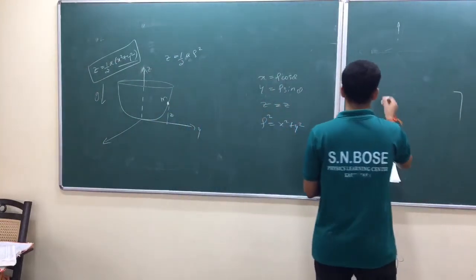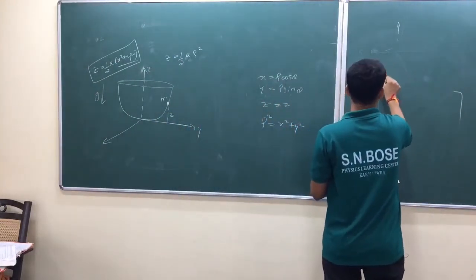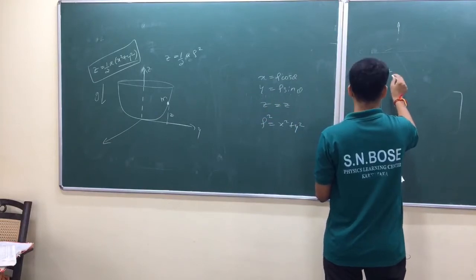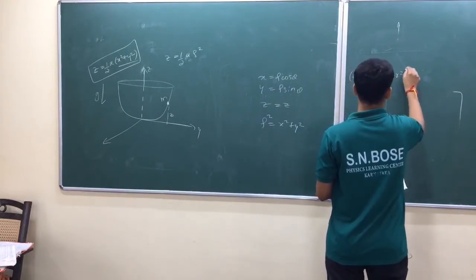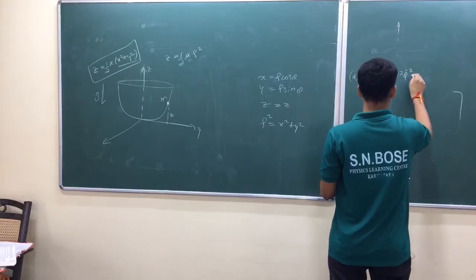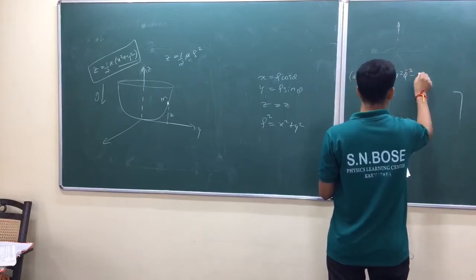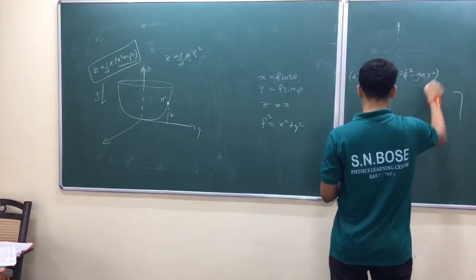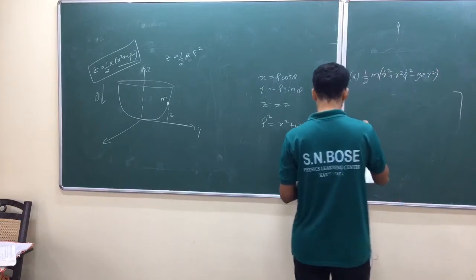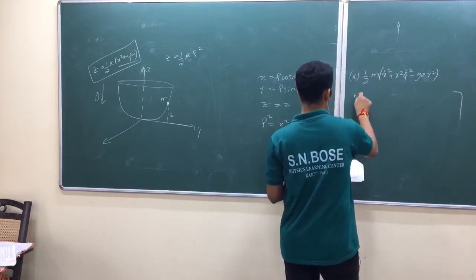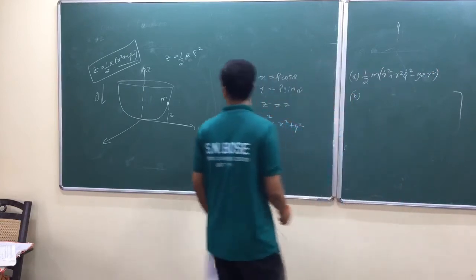Look at here. Half m r dot square plus r square phi dot square minus g a r square. Because z can be written in terms of rho square.